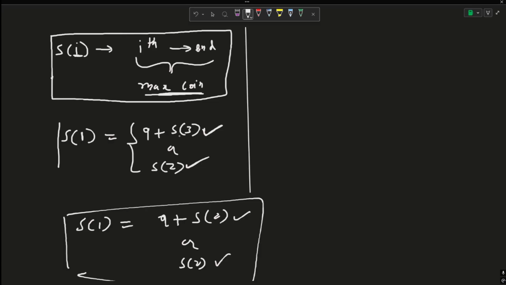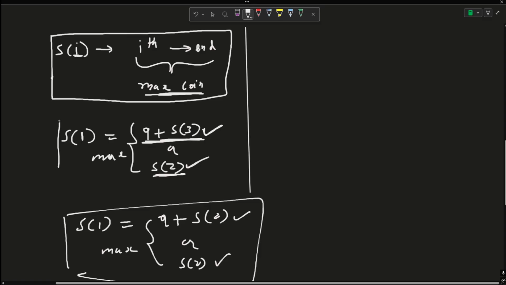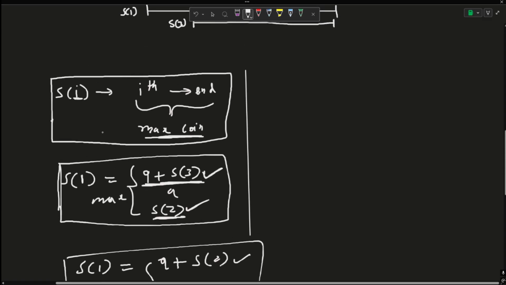See, S3 is also valid. I can skip the next house and go to the plus 2 house, and this is also valid. So that's why I can do max on this, but I could not do max on this. So now this is completely valid.